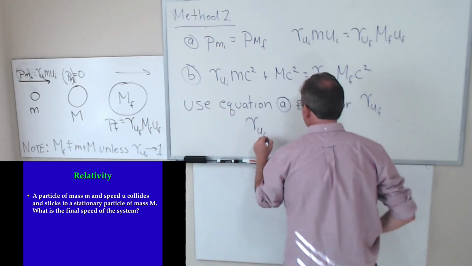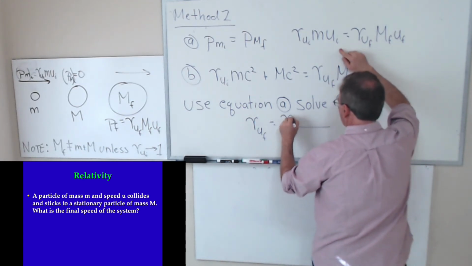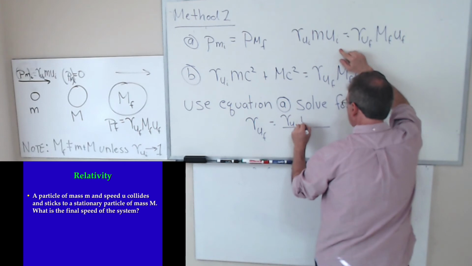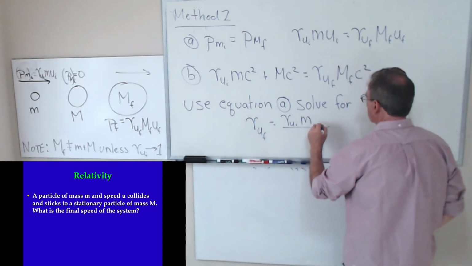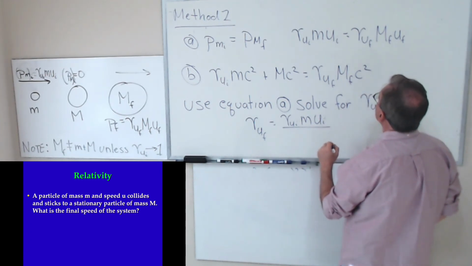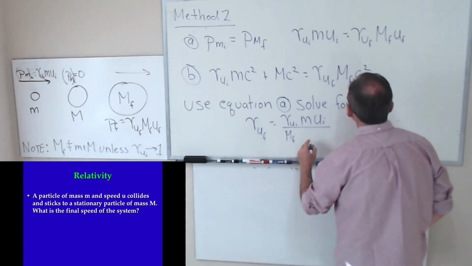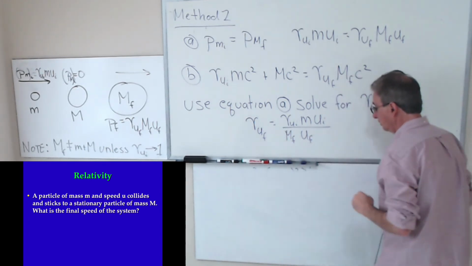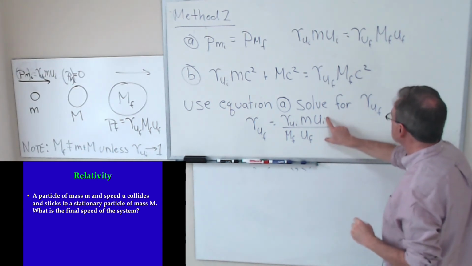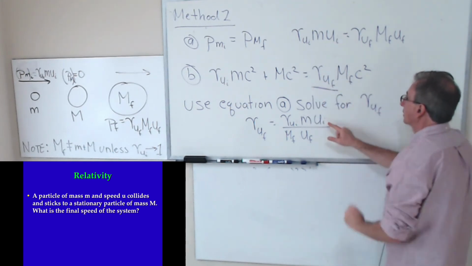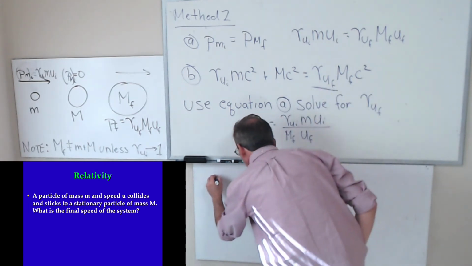I'm going to get gamma sub u final is equal to gamma sub u initial, the initial mass of the little particle m, u sub I, over m final, u final. Then substitute this expression for gamma sub u final. So let's do that.